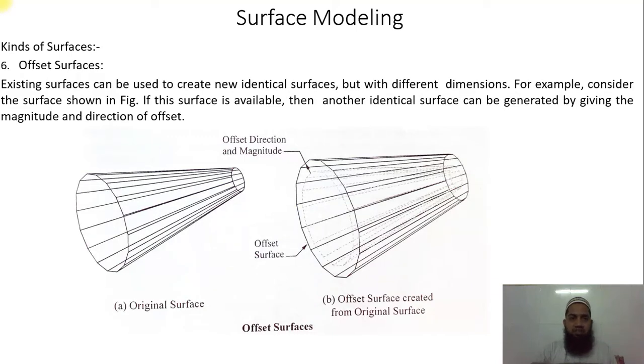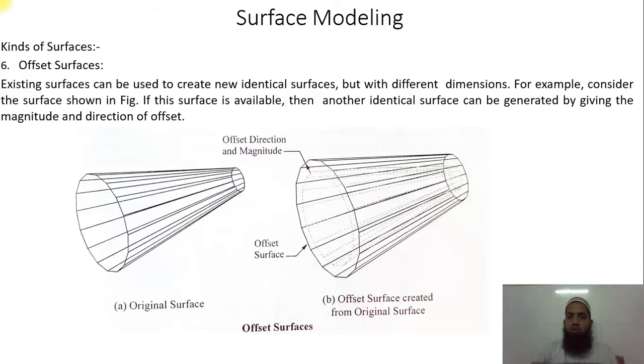Offset surface. Regarding the offset surface, the meaning of offset is always offset from the plane. For example, I am having one plane over there. Or rather, you can better understand it by the example of eccentricity. As you all know, if I have a beam and I apply some load, but it is offset from the center, offset from the axis of the beam, then that distance from the axis of the beam to the load is called the eccentricity.